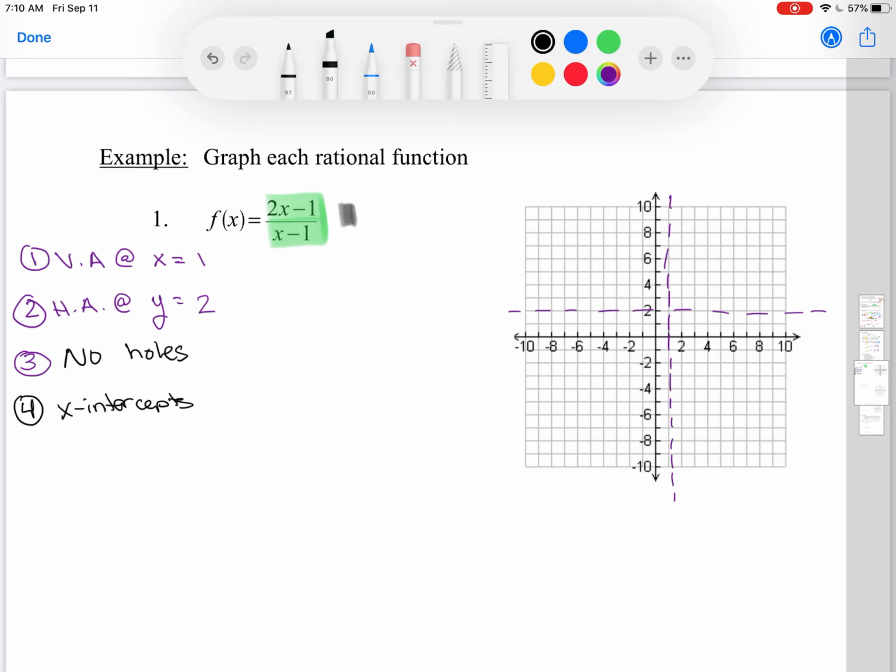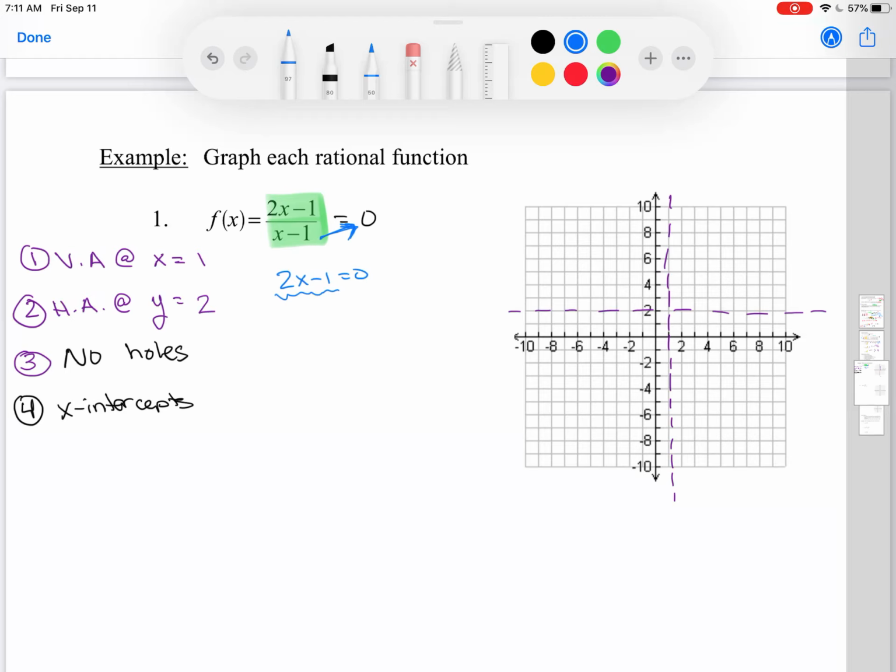So if I took this whole function and set it equal to 0, and I cross multiply and take this x minus 1 and multiply it by 0, what's going to happen? You're going to be left with just 2x minus 1 equaling 0. So when we do the x-intercepts, that's why we're only focused on the numerator, because as soon as I cross multiply, that denominator is going to go away anyways.